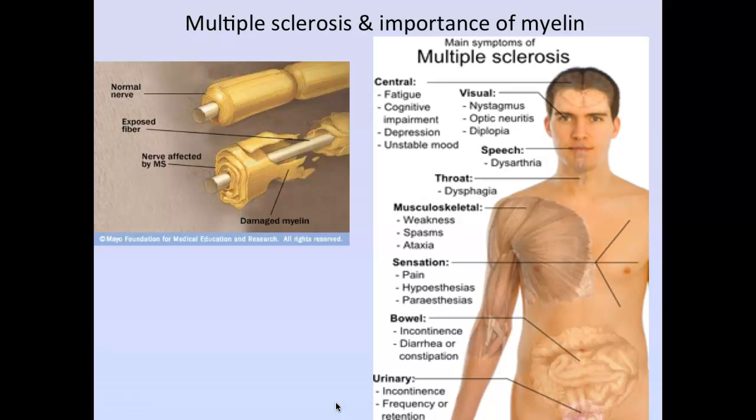And then number two, another cause of demyelination is heavy metal poisoning. This is why heavy metals are bad for you. You want to limit your exposure to lead and arsenic and mercury because they actually damage those glial cells that create the myelin.